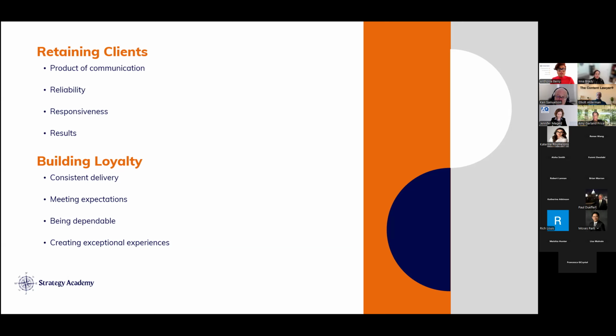Building loyalty. Like I mentioned some of the stuff before, some of this is overlapping, but it's also helpful to call some of these things out. So consistent delivery: consistently delivering to the client on a consistent basis, not just sometimes or here and there. Meeting expectations and exceeding those expectations where possible.